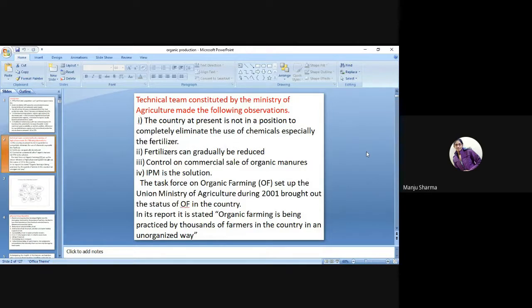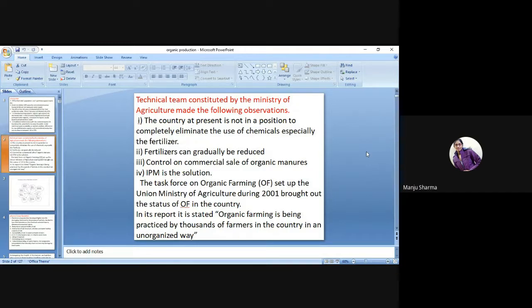Fertilizer can gradually be reduced, then control on commercial scale of organic manures and IPM is the solution.